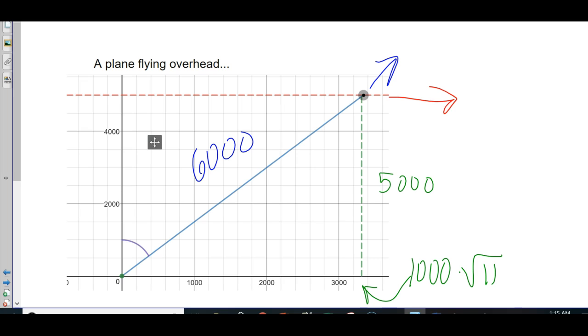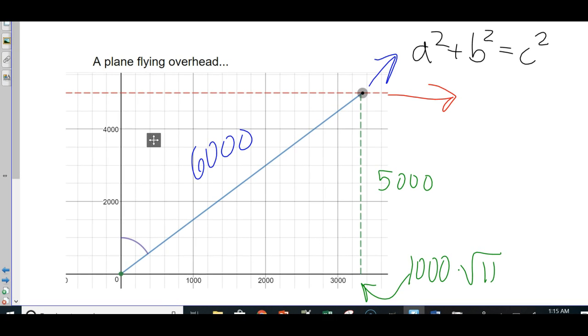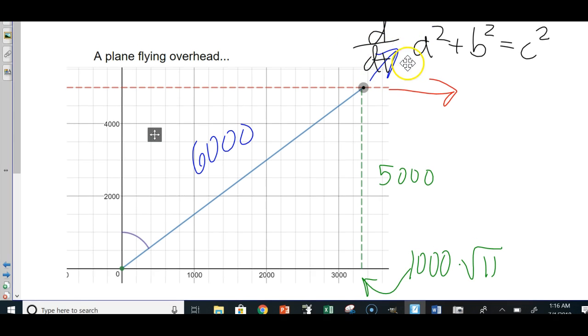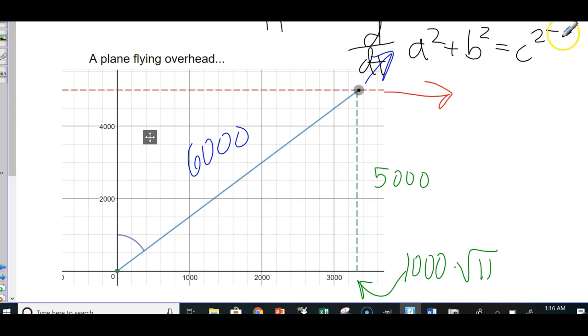So what you had to do here to be able to do this problem is you had to start off with the Pythagorean theorem. That's what relates these three sides. And then you had to take the derivative of the Pythagorean theorem on both sides with respect to time. So d/dt, I'm just going to keep this in place.